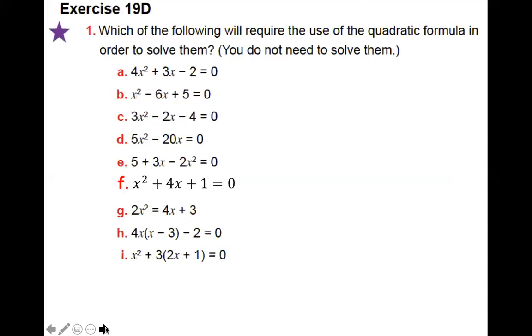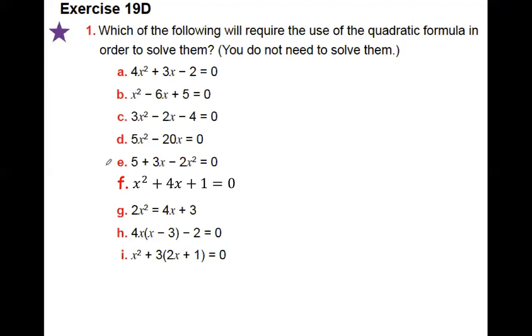So 19D is very simple, but this time, which of the following will require the use of the quadratic formula in order to solve them? So it's a bit like you're going to try and see, can I use factorising, or do I need the formula? A quick way to answer this question is just do your discriminant. So we're going to do the one in the middle.